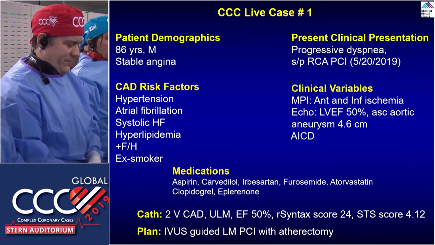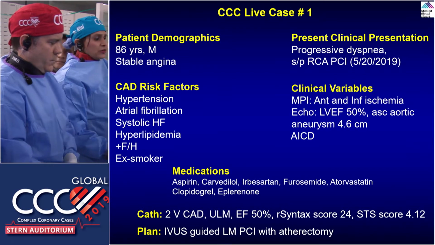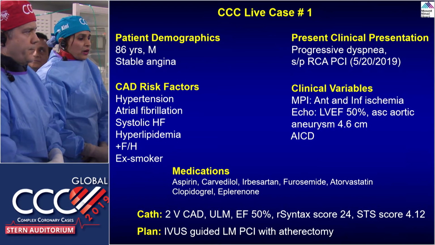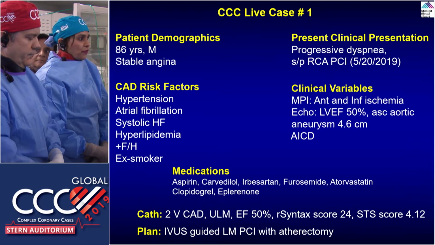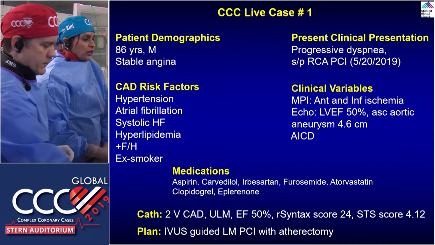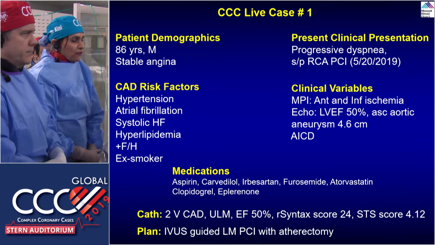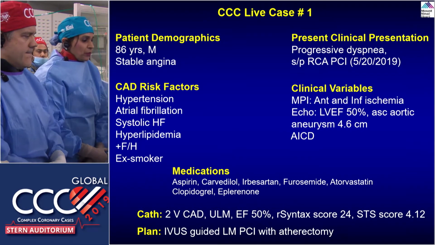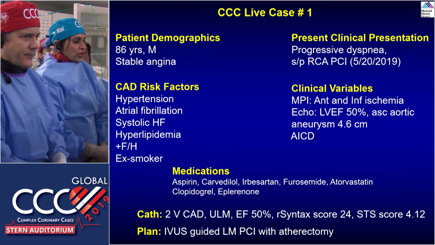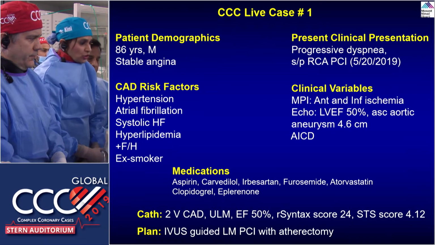Good. So this is an 86-year-old male who had stable angina, referred for a cath a few months ago, with a history of hypertension, AFib not on any NOAC, systolic heart failure, and hyperlipidemia. You can see the medications he has been taking, not on anticoagulation at all.